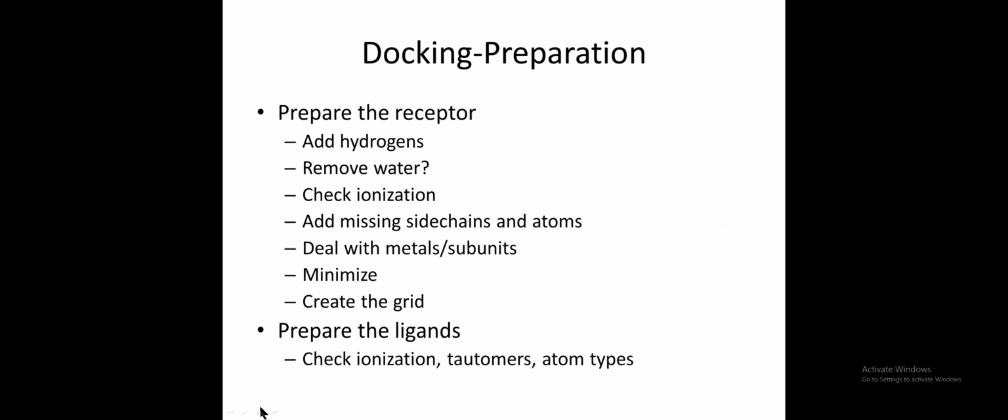Finally, you will generally create the grid. Obviously, all this typically involves is designating on the protein itself the area of interest, the specific binding site. After that, it's typically a matter of pushing a button to create the grid.